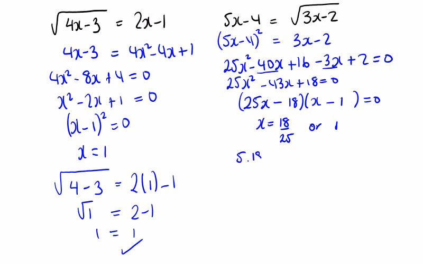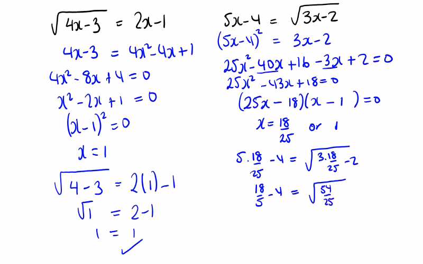5 by 18 over 25 minus 4 equals the square root of 3 times 18 over 25 minus 2. So that's going to give me 18 over 5 minus 4 equals the square root of 54 over 25 minus 2. I want to use a calculator to simplify this.